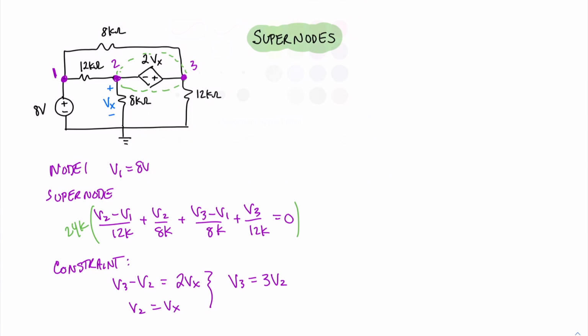When we do that, we have 2 V2s plus 3 more V2s, so a total of 5 V2s. Then we have minus 2 V1s and another minus 3 V1s, so minus 5 V1.